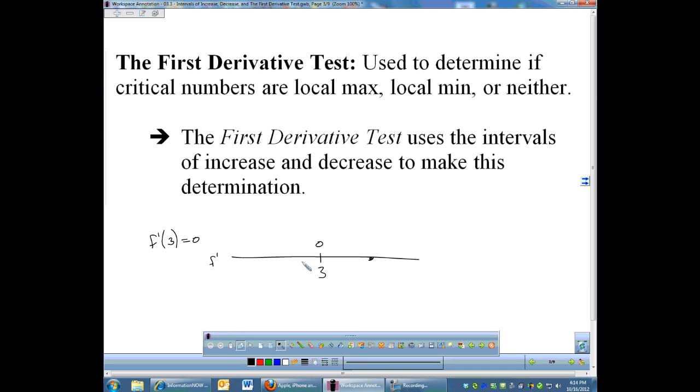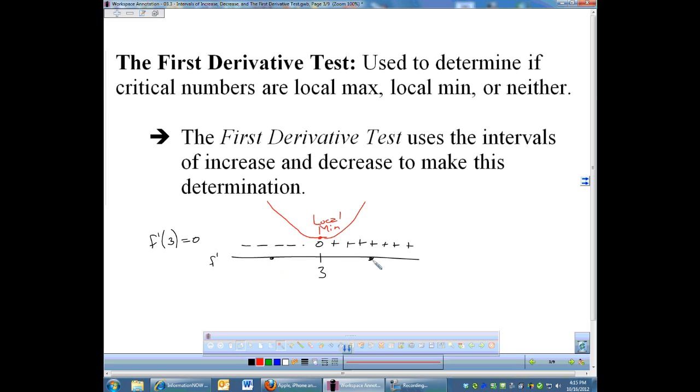Then we pick test points on the left and right. Let's say to the right of my critical number my derivative is positive, and to the left my derivative is negative. So my function decreases, then we have a slope of 0, and then the derivative is positive, so my function increases. Since my derivative goes from negative to positive, that must be a local minimum, and that conclusion was made by the first derivative test.